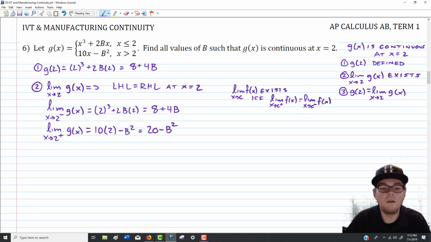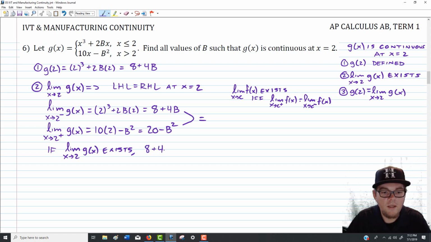So we need the two limits to be equal to each other. In other words, if the limit as x approaches 2 of g of x exists, those two things must be equal to one another, which means 8 plus 4b has to equal 20 minus b squared.